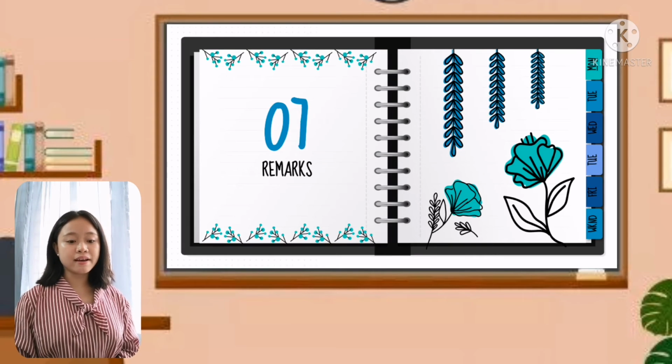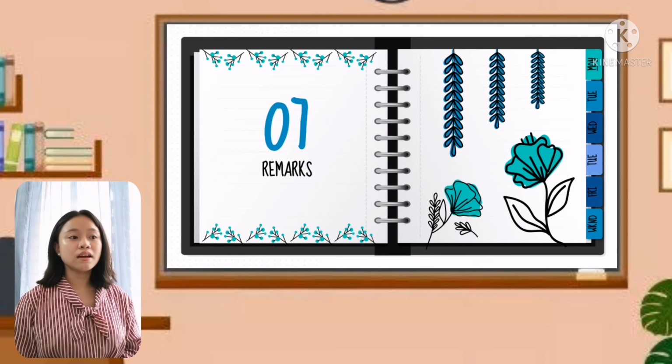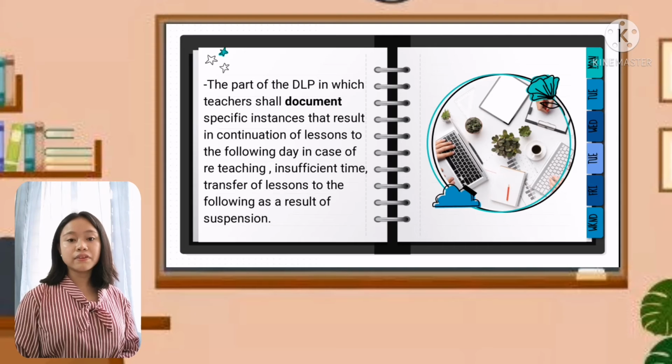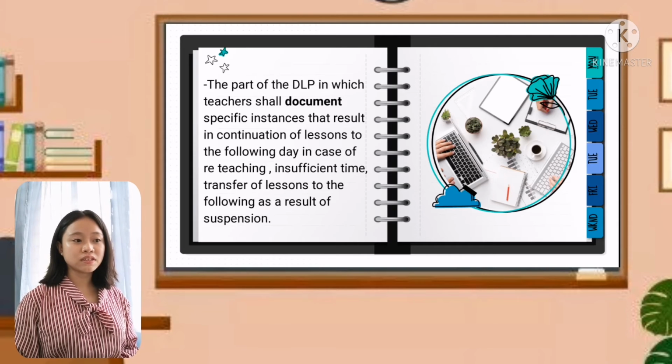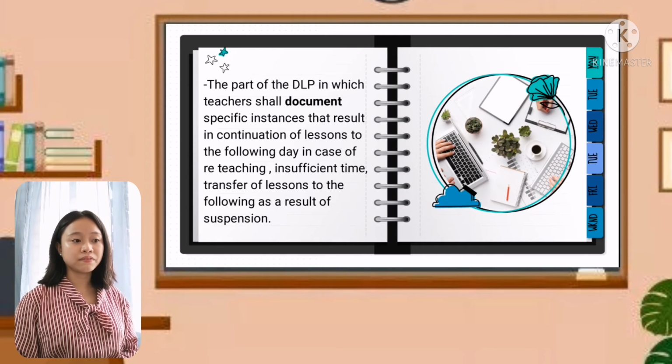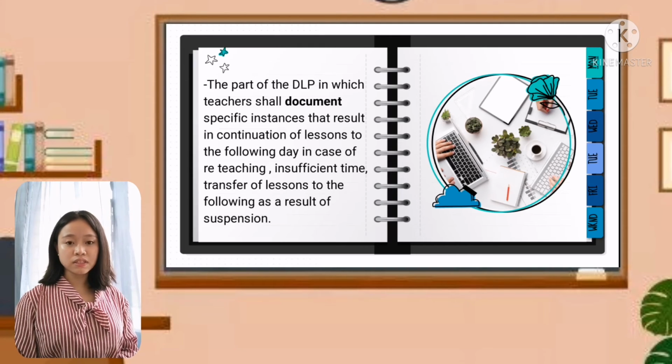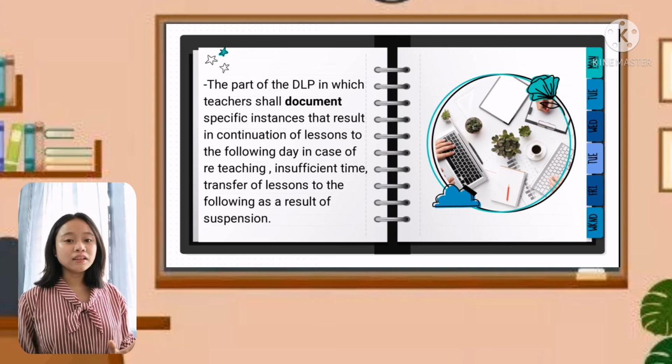Now we have the remarks. This is the part of the DLP in which teachers document specific instances that result in the continuation of lessons to the following day, in case of reteaching, insufficient time, or transfer of lessons as a result of suspension.